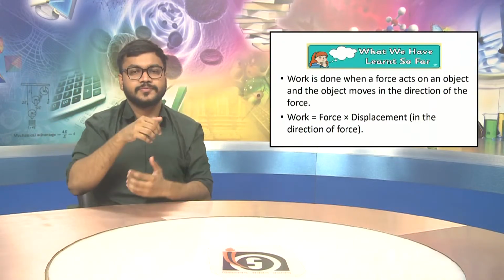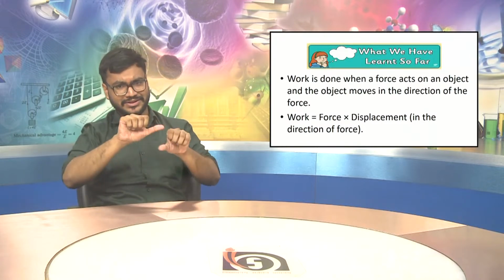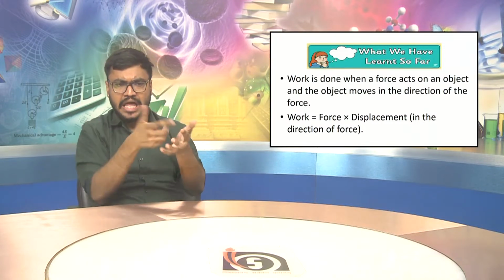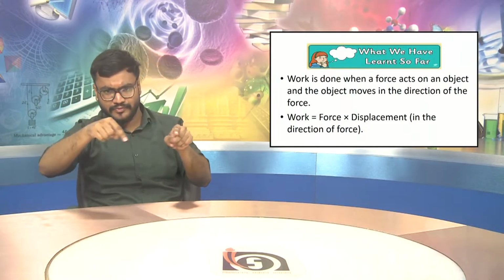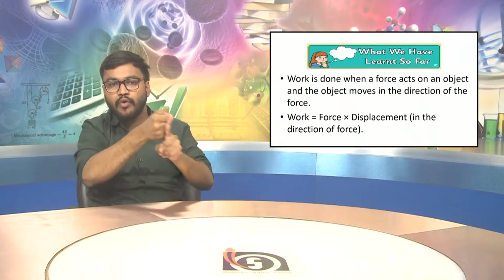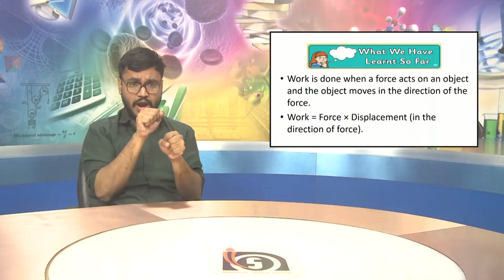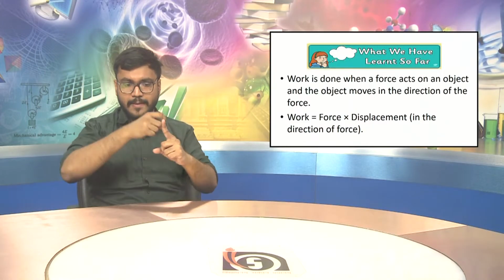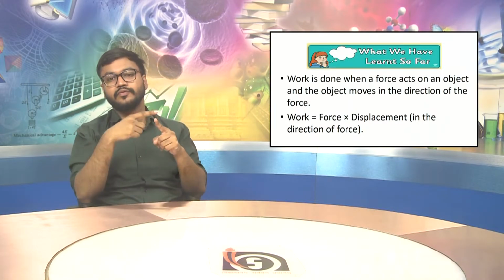Let's look at what we have learned so far. We have learned that work is done when a force acts on an object and the object moves in the direction of the force. We have learned how to calculate work.